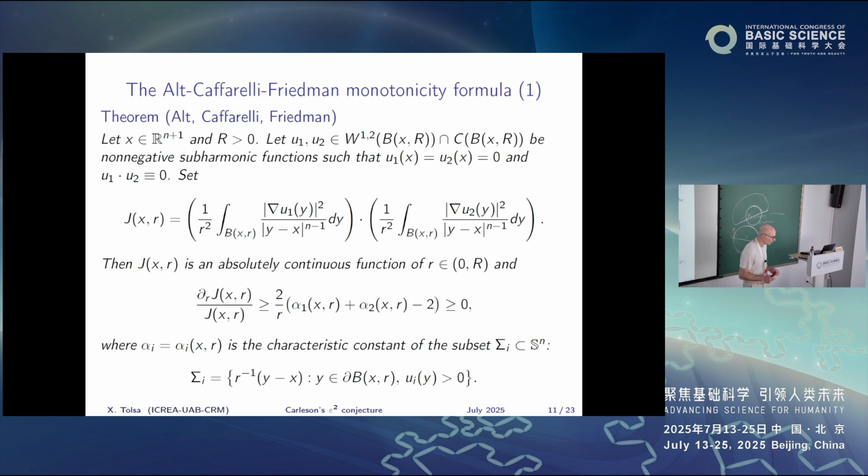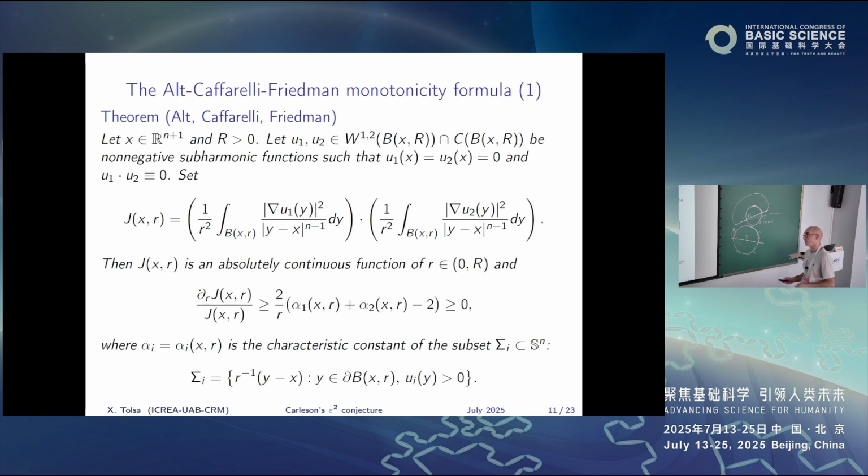For simplicity, imagine that you have two domains, omega 1 and omega 2, and you take u1 the Green function for one domain, and u2 the Green function for the other domain, so that they have disjoint supports. The typical application is in this case, u1 and u2 Green functions with disjoint domains, with the pole far away from this ball.